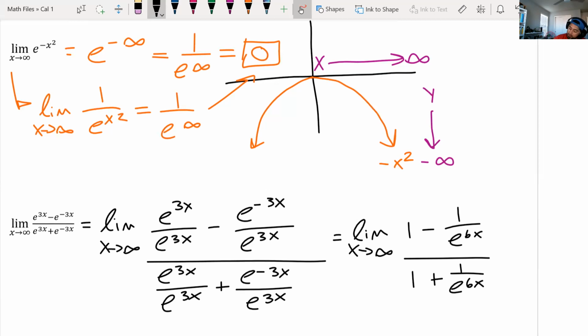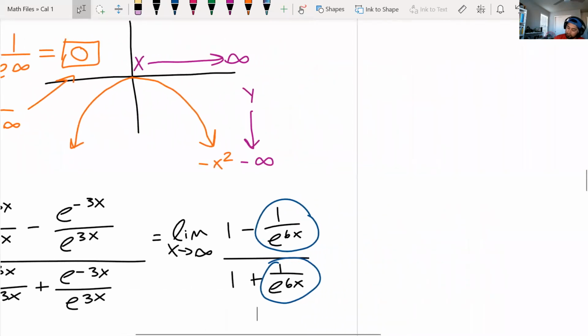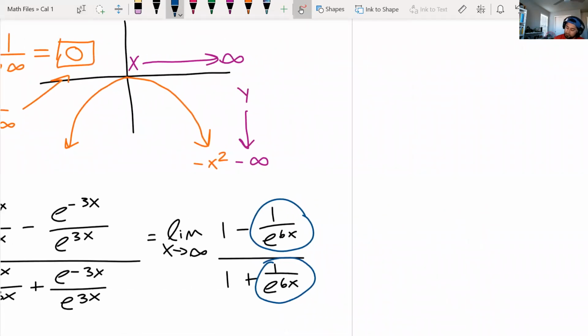And then by our limit properties, where are 1 over e to the 6x going? What number are these headed to? 0.